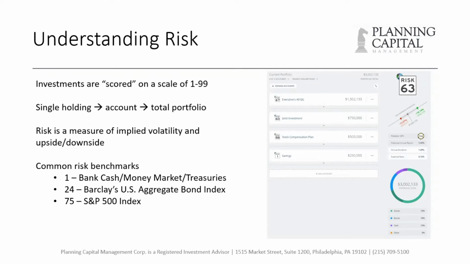The aggregate bond market, the Barclays US Aggregate Bond Index, is a 24 on this scale. And the S&P 500 is a 75 on this scale. So when we think about stocks, they aren't a 99. The broad measure of the US stock market, the S&P 500, is a 75. So that's something important to keep in mind.